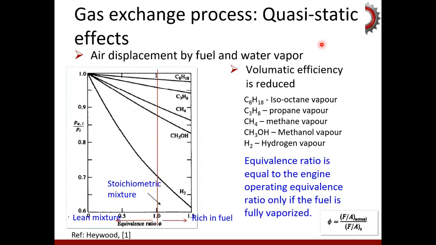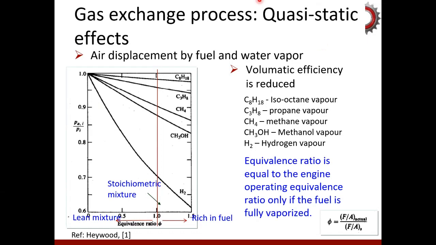The other quasi-static effect that we see is the displacement of air by the fuel and the water vapor. The fuel is only introduced in spark ignition engines, but water vapor is there in the ambient air all the time. So the volumetric efficiency is negatively affected by this displacement by fuel and water vapor.